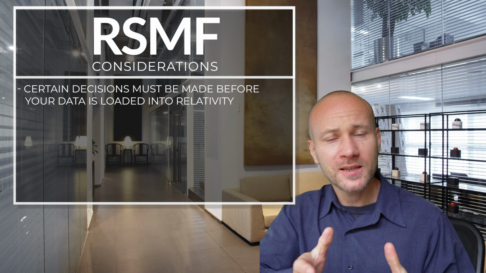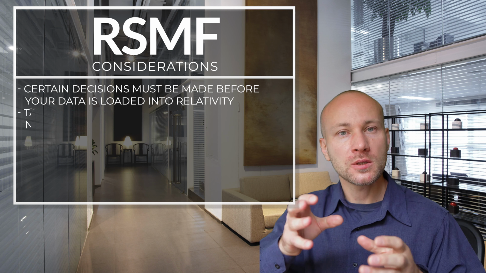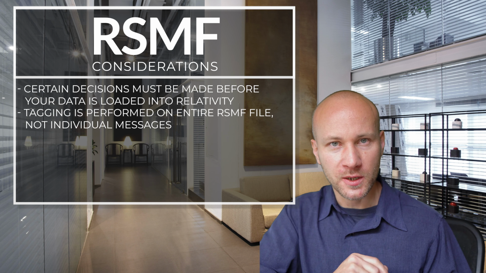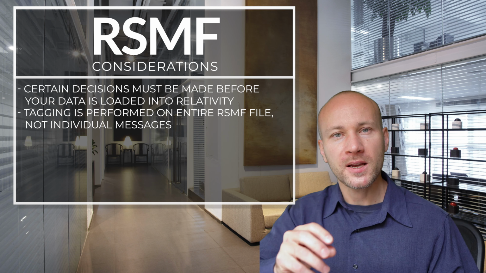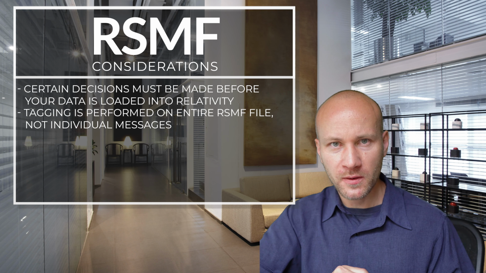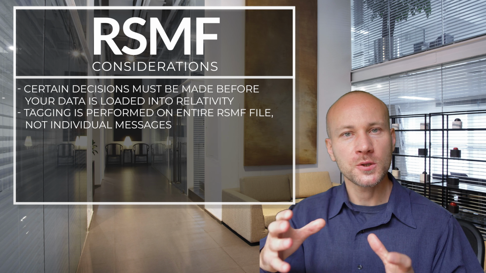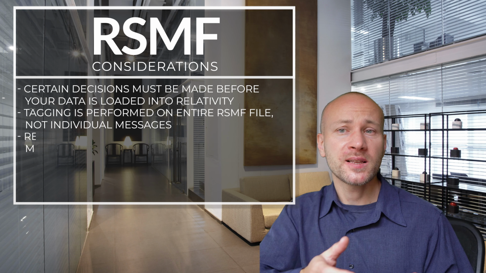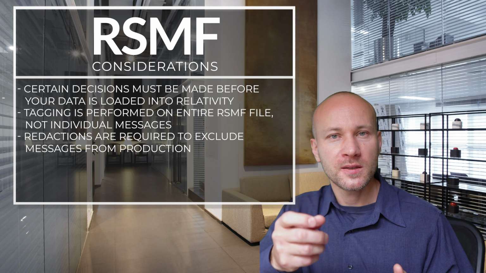And speaking of tagging, when you are doing tagging, you tag the entire RSMF file, not individual text messages. So there is no way to act on individual messages within an RSMF file. You perform an action or a tag on the entire group of messages. And because of that, there is no way to exclude an individual message.